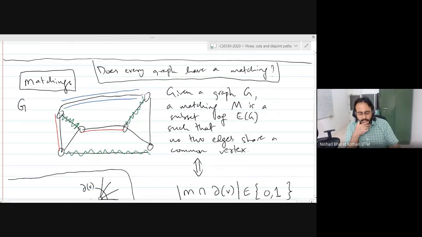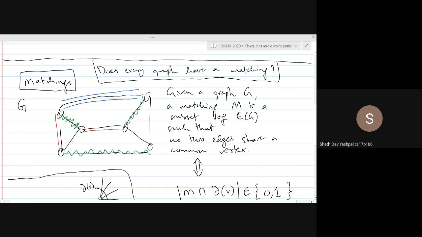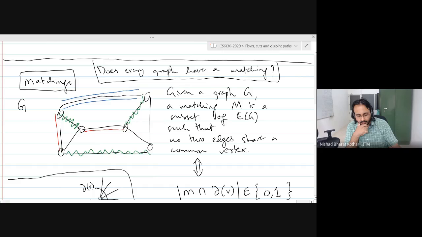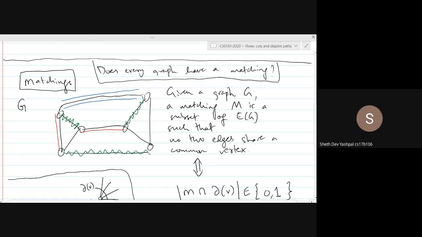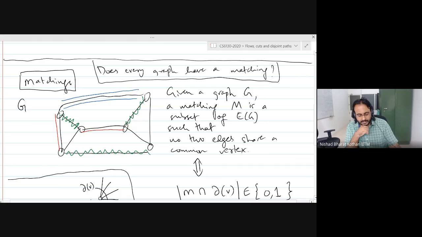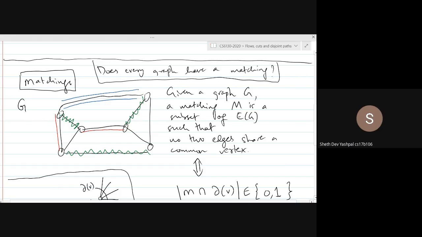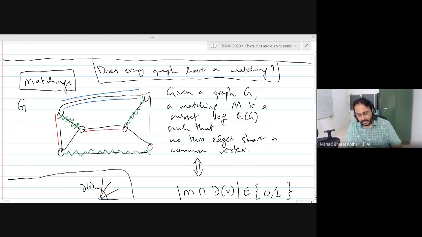Yes, there will be at least one edge which you can just select. If there is no edge, then anyway you cannot do anything. It's just a subset of the edge set. What about the empty set? Is the empty set a matching? It's a subset of the edge set where all the conditions are satisfied. So yes, exactly. The empty set is a matching.